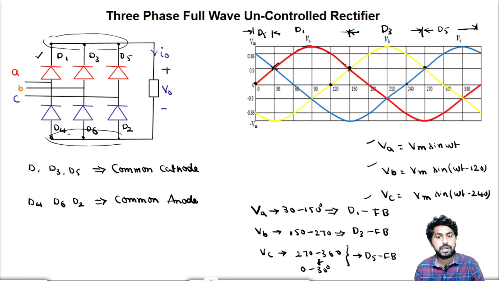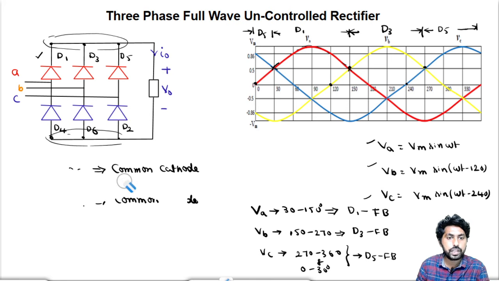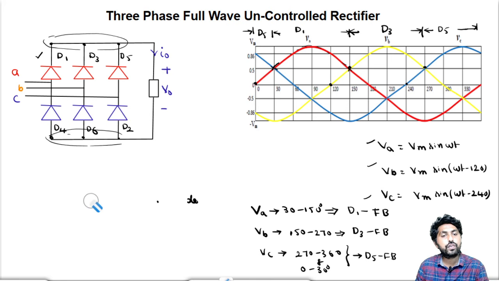Now let us represent the remaining phases. In the common anode connection, D2, D4, D6 are connected, so the phase which is most negative will get its corresponding device forward biased.